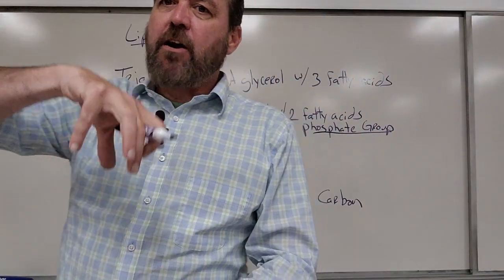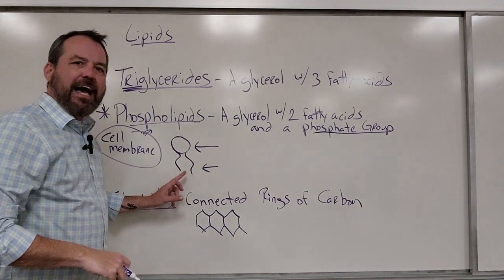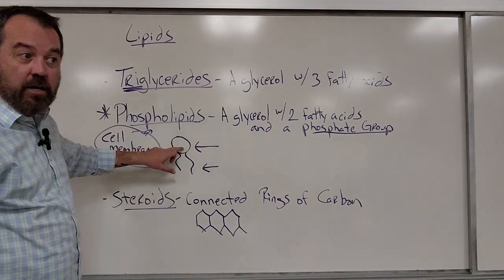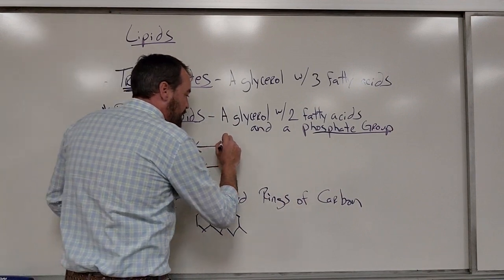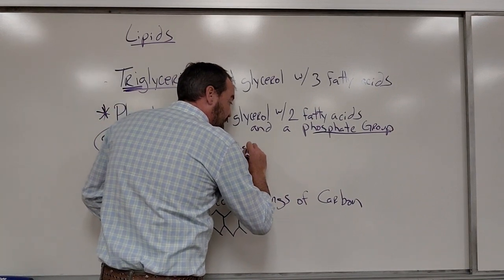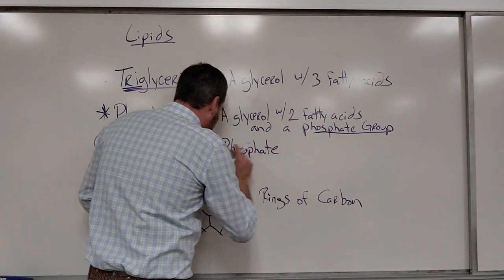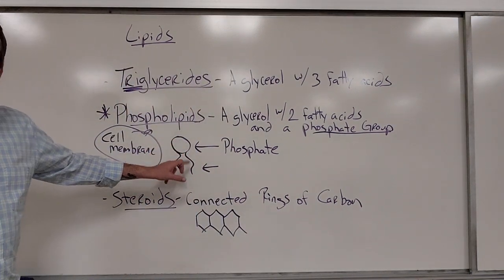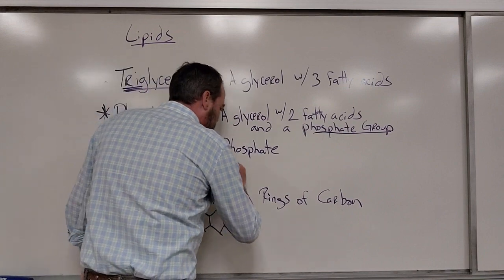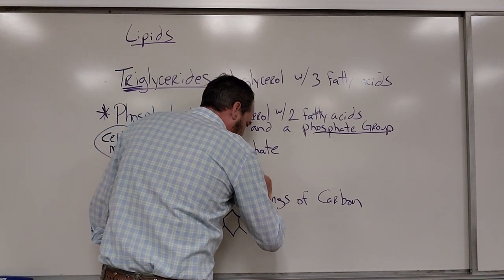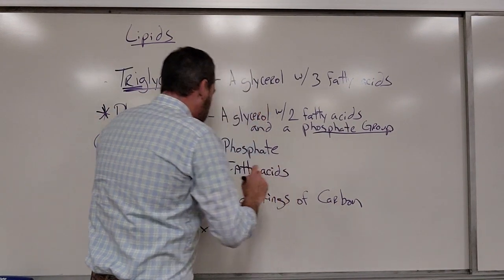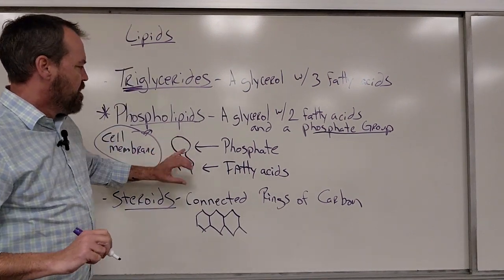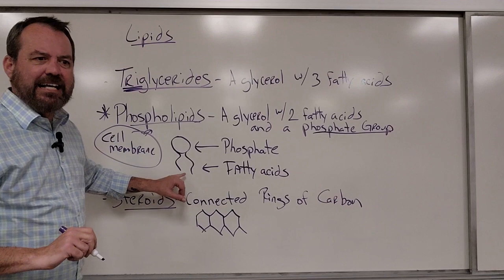When we start putting our phospholipids together, this is typically how we're going to draw it out. This is my phospholipid molecule. The head part of it here is made out of the phosphate group. So there's my phosphate in the head part of my phospholipid, and I've got these 2 chains, 2 tails hanging down. These are my fatty acids. The thing that makes phospholipids so interesting is that I've got this one molecule with the phosphate part and the fatty acid parts.